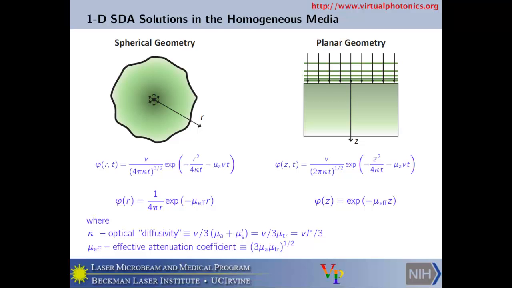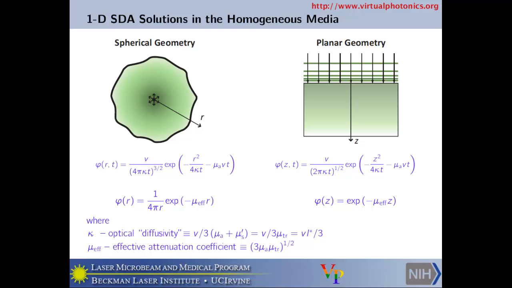They will be reiterated in following lectures, so I won't spend much more time on them, only to emphasize that you have a spatial decay according to this mu effective, which is the square root of 3 times mu a times mu tr, where mu tr is the sum of mu a plus mu s prime, and that this velocity, according to the optical diffusivity, is off.